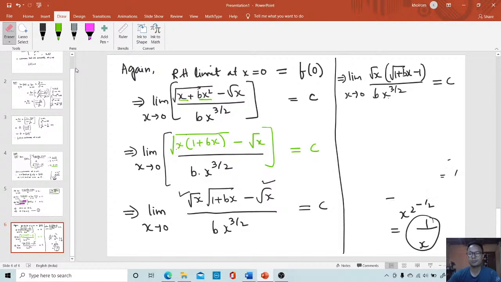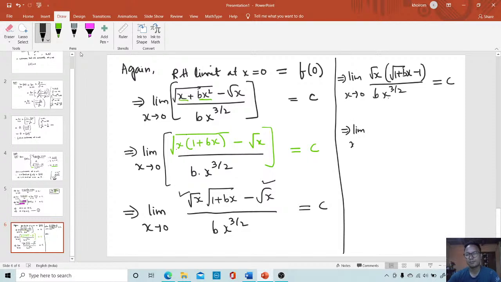If you cancel it out, you are left with (1 plus bx) divided by b. Is that okay?